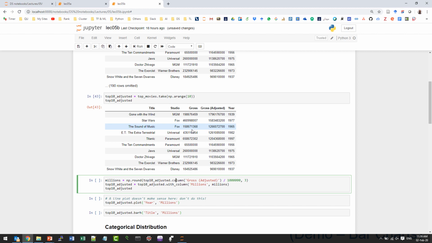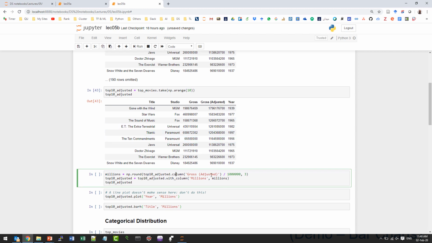So it's not fair to compare the income for a movie that is 50 years old with the income of a movie that was just released last year. So the column called gross adjusted tries to adjust the ticket price so that we can compare across years. That's the column we are more interested in because it's now comparable across years.